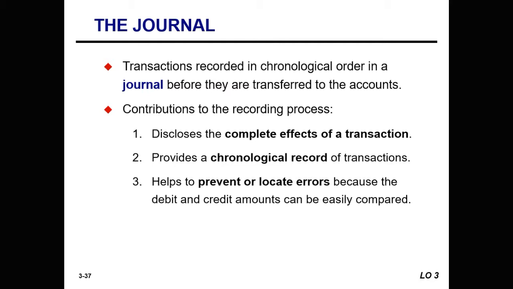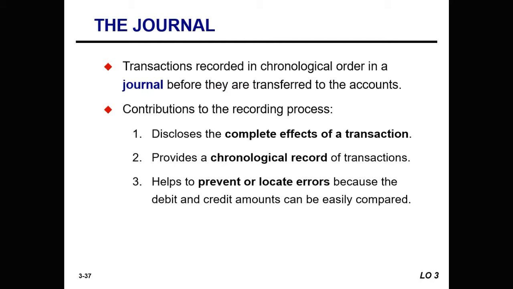In an automated system, many of the ways that we enter our information don't actually require us to create a journal entry itself. But what happens is that the software creates it for us on the back end and behind the scenes.